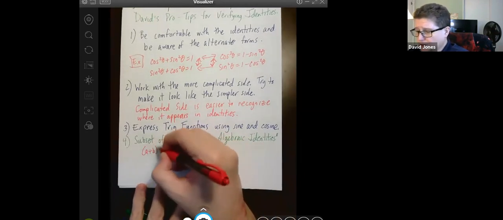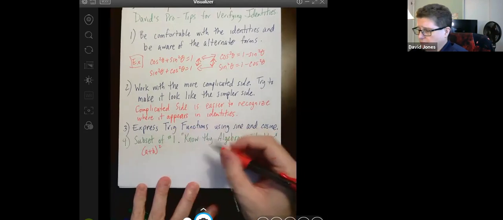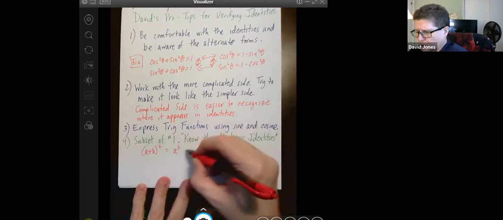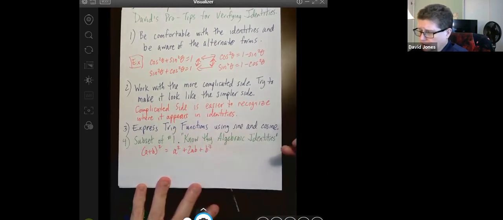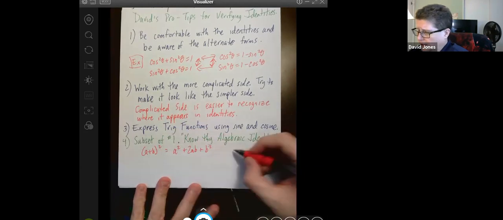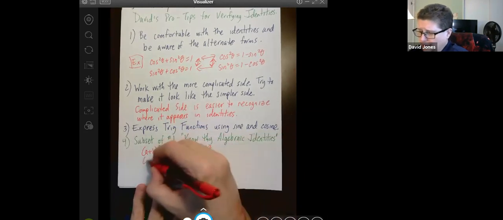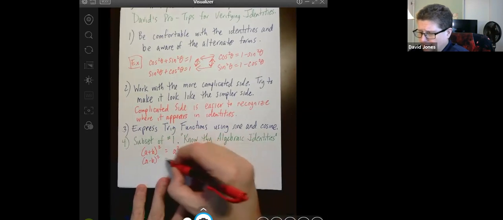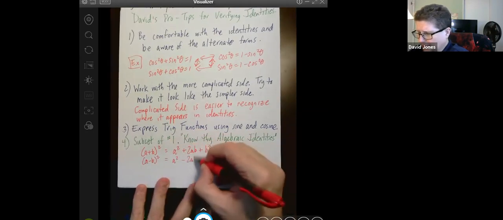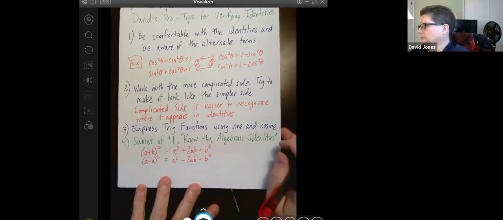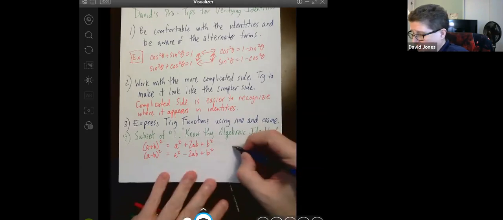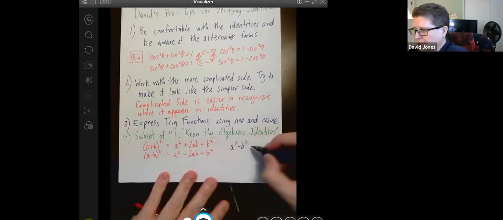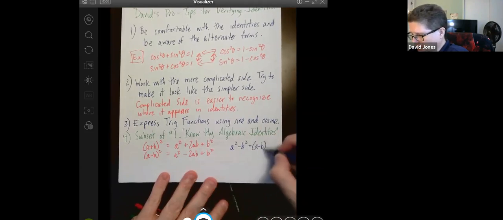A plus B squared is A squared plus 2AB plus B squared. If we look at A minus B squared, same thing, it just changes the middle sign. Speaking of which, when the square is on the inside, A squared minus B squared, that's the difference of squares.